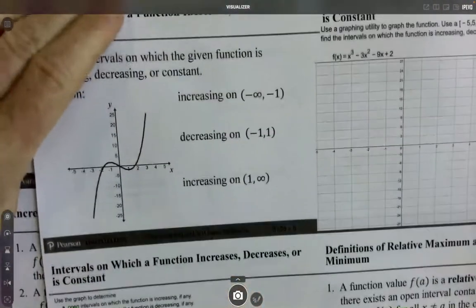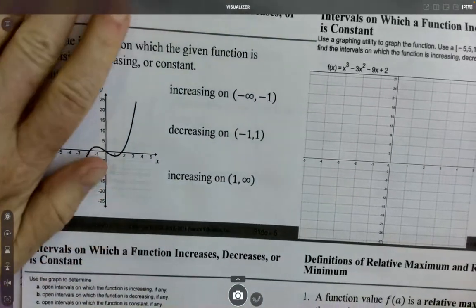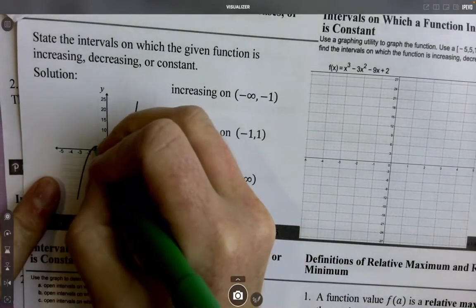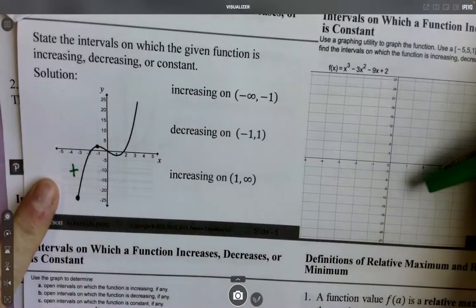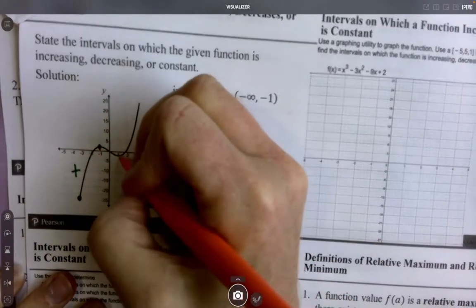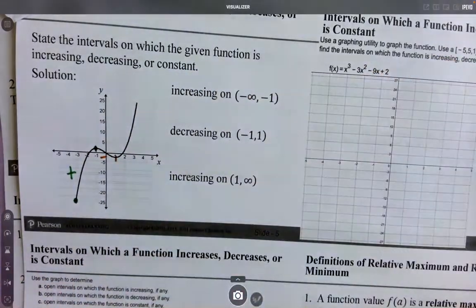So let's look at this first example. State the intervals on which the given function is increasing, decreasing, or constant. So we see that from here to here is increasing. From here to here, it's decreasing, so I'm putting in minus.